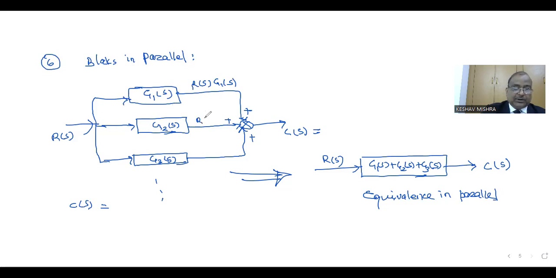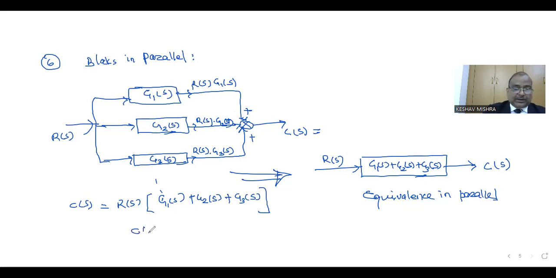Similarly, Rs is common, so Rs is taken as input, and to produce the output it is multiplied by the transfer function of the second stage, and for the third stage Rs is multiplied by G3s. These are the corresponding outputs produced from each individual stage, and these outputs are combined here. So final output is Rs, which can be taken out as common, times G1s plus G2s plus G3s.